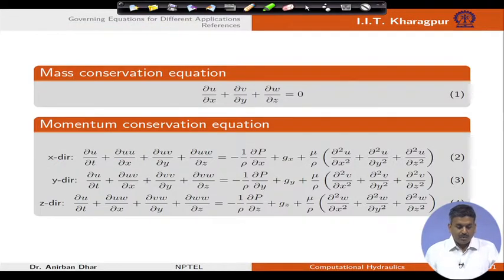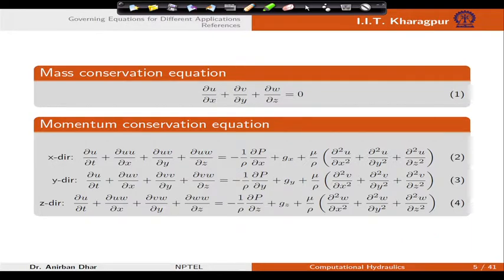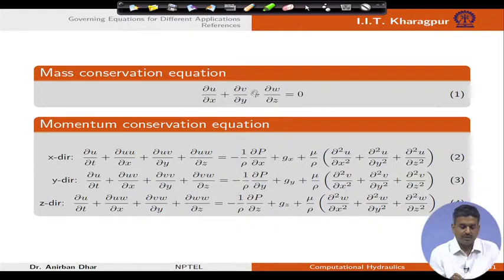If we talk about the conservation equation in general, for incompressible fluid flow we can write the partial differential equation like this.